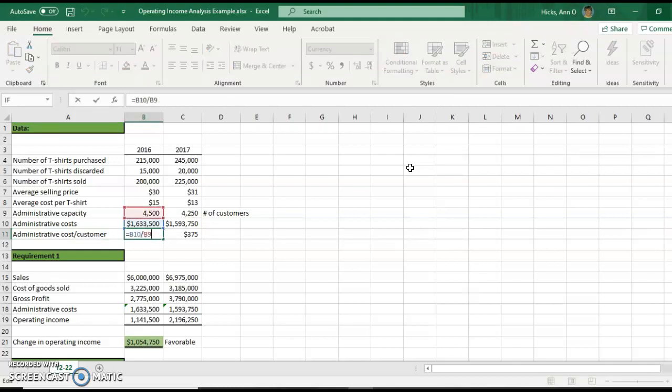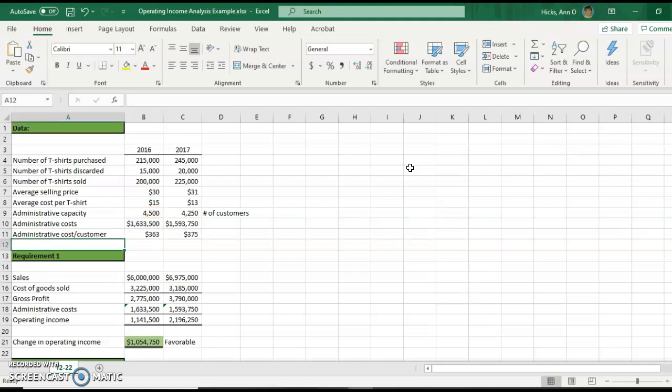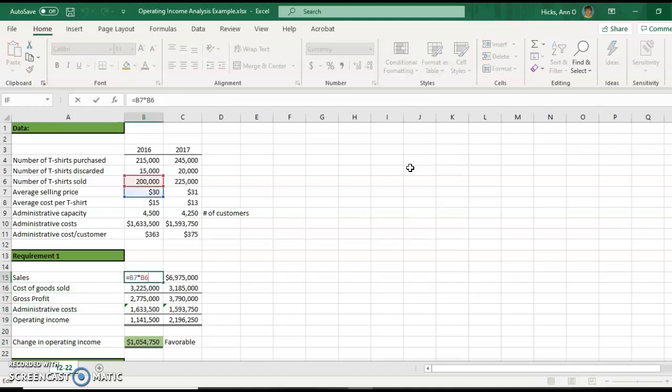All right, in the first requirement, all they want us to do is calculate the operating income for the 2 years and then find the change. So this is pretty straightforward. Your sales for each year are going to be the number of t-shirts sold times the average selling price. The cost of goods sold for each year will be the number of t-shirts purchased times the average cost per t-shirt.